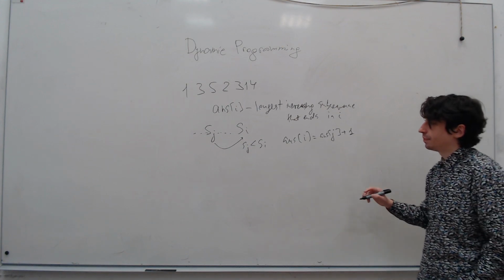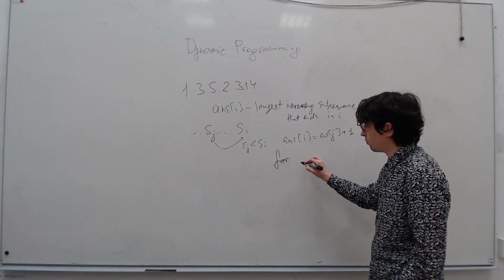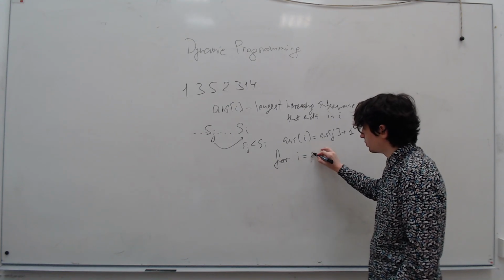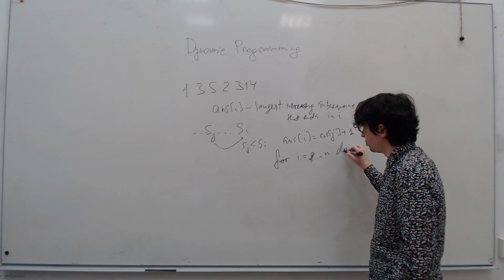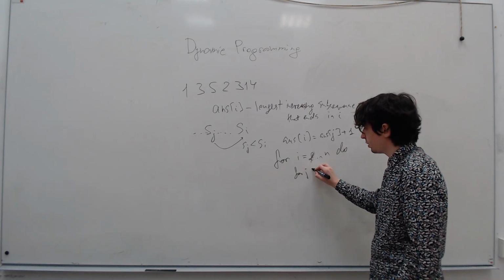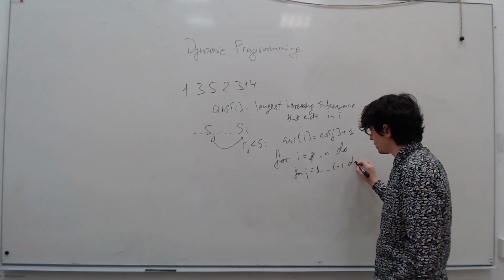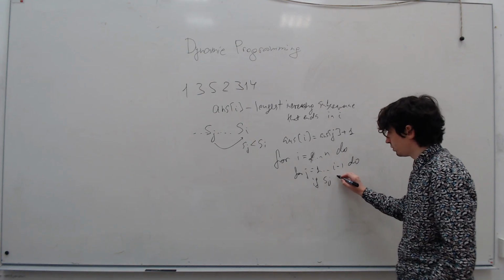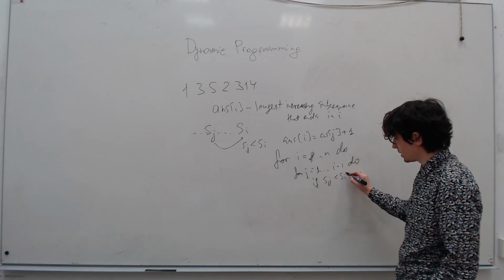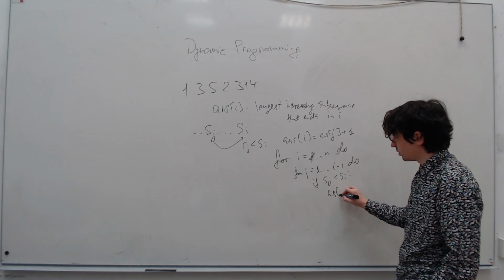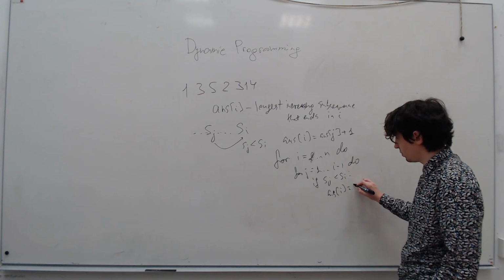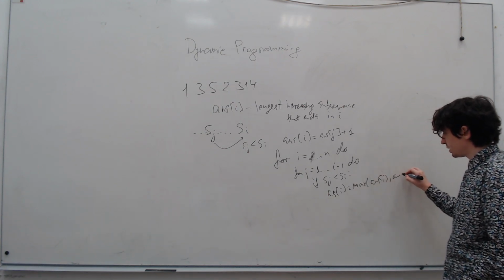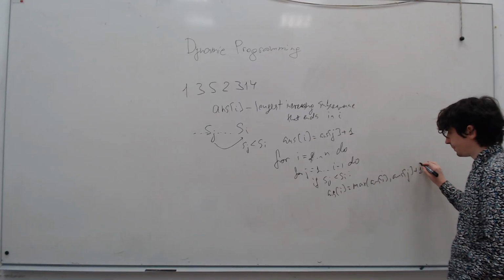The algorithm becomes very simple: for i from 2 to n, for j from 1 to i minus 1, if Sj is less than Si, then ans i equals max of ans i and ans j plus 1.